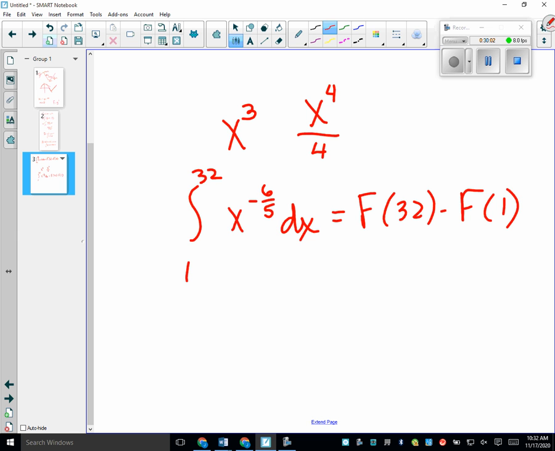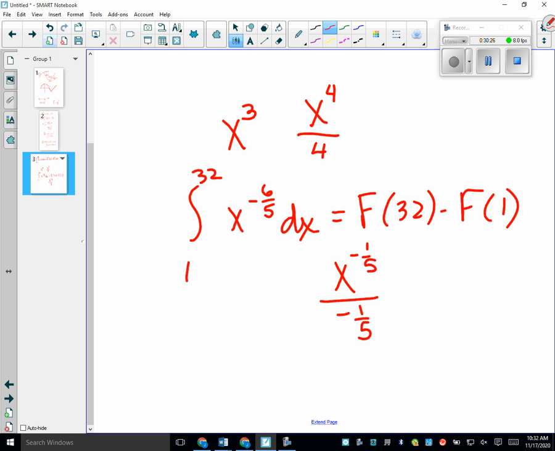What did I tell you to do? Add 1 to the exponent. Right? What does that give me? Negative 1/5. And put my new exponent in the denominator. So this is x to the negative 1/5 over negative 1/5.